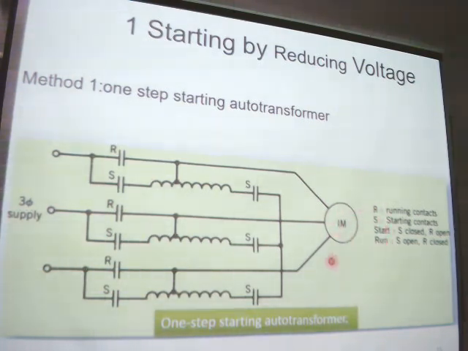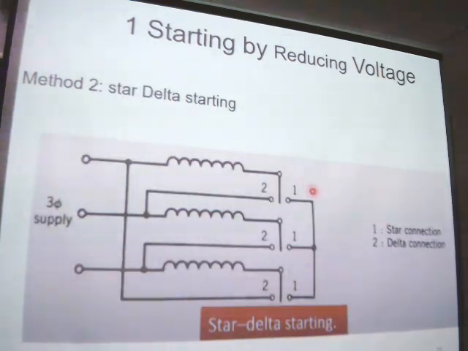But we can also use this for a wound rotor motor, just with the rotor short connected. So in method 2, the start method, we have two voltage levels. One is the phase voltage, and the other is the line to line voltage. So that's method 2.